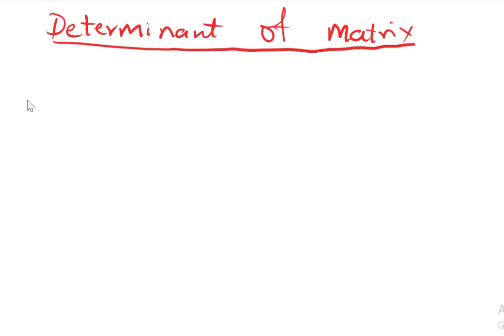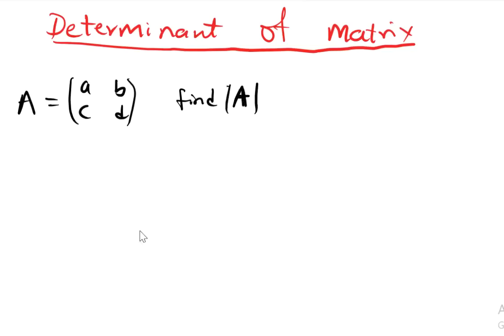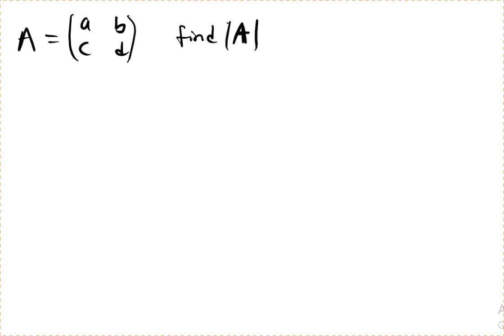So if you are given a matrix A with entries a, b, c, and d, and you are asked to find the determinant, to solve this we are going to multiply the diagonals.